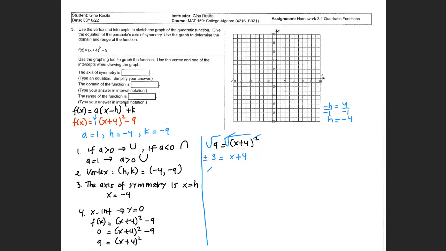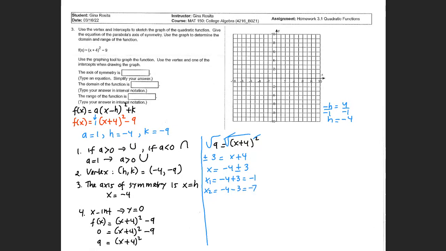So x equal negative 4 plus or minus 3. We have 2 answers. The first one, take the positive first: x1 equal negative 4 plus 3, so the answer is negative 1. The second one is negative 4 minus 3 equal negative 7.